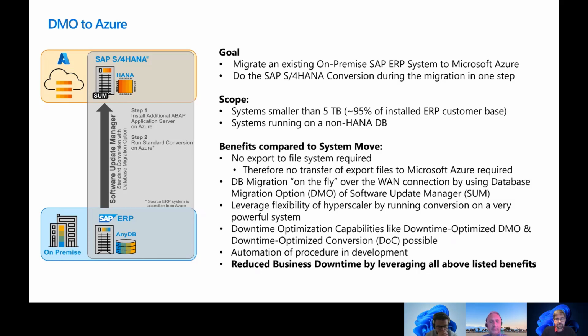And it's also because of all those benefits and scale up, scale out, the downtime is also minimized. So definitely, that's something many customers who are planning to move to S/4HANA and to Azure should definitely take a look at.